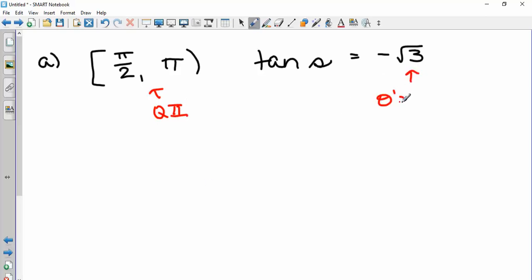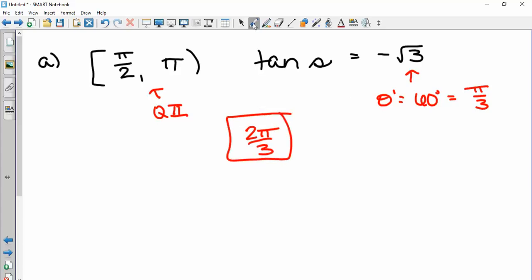Okay, reference angle. When is tangent radical 3? 60 degrees, which in radians is pi over 3. So in quadrant 2, what's pi over 3? 2 pi over 3, because in quadrant 2 the numerator is 1 less. Is that okay with everybody?